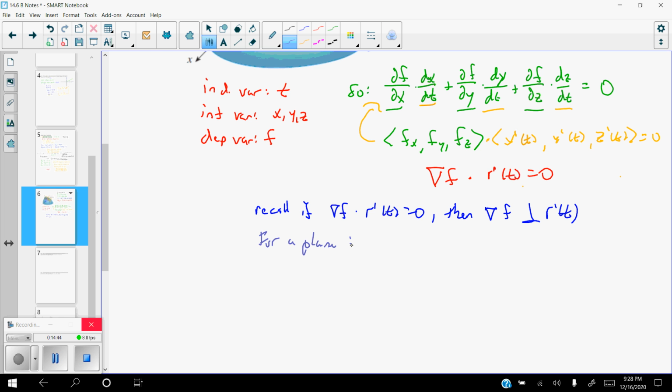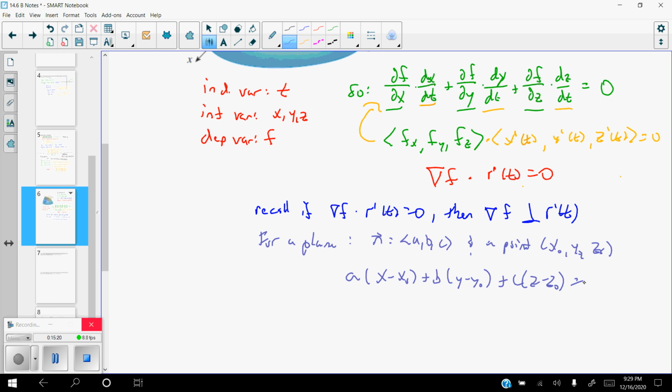For a plane, we need a normal vector, which is typically a, b, c, and a point on the plane, x naught, y naught, z naught. That's what you need to write the equation of a plane. Remember that the equation of the plane was a times x minus x naught plus b times y minus y naught plus c times z minus z naught. Now that's for any plane, not necessarily a tangent plane.